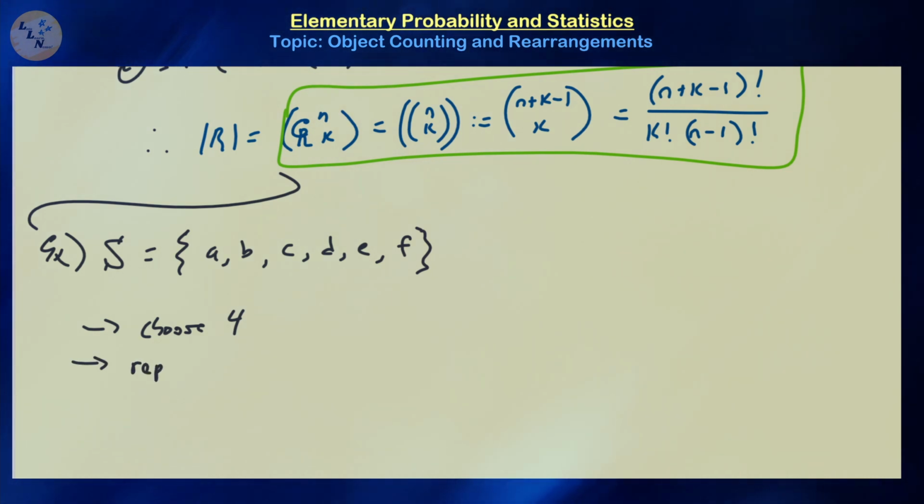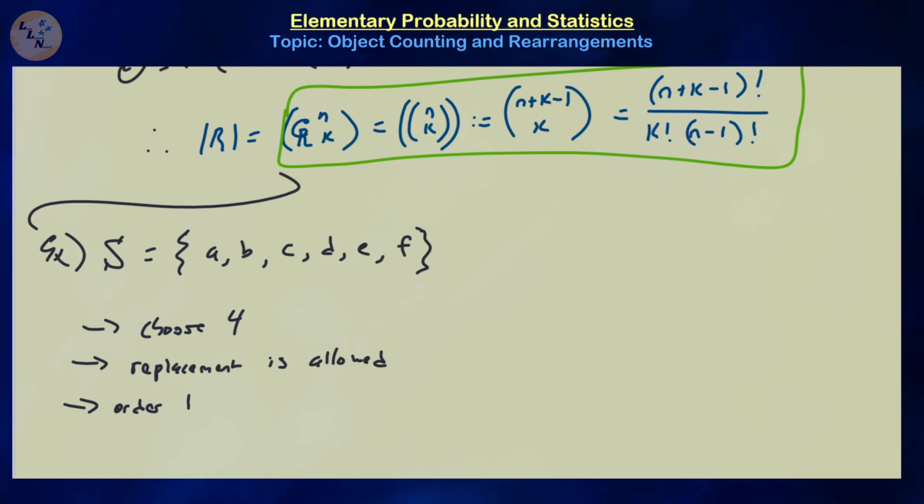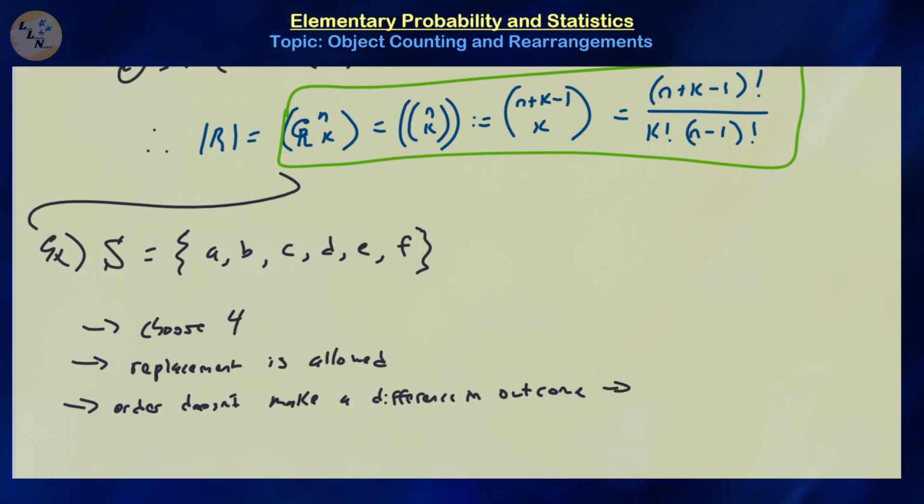And let's assume that replacement is allowed, and let's also assume that order doesn't make a difference in outcome. That is, AB and BA would be defined to be equal to one another.